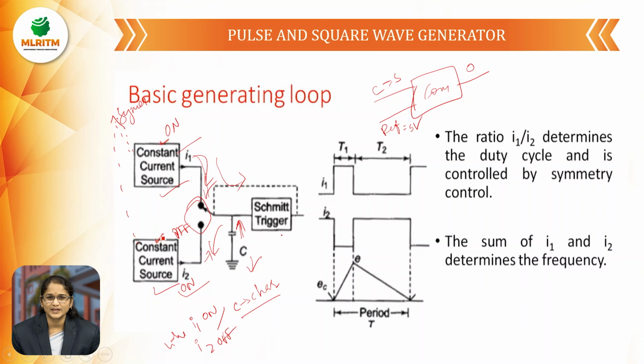Any type of input signal can be converted into a square signal with the help of this Schmitt trigger.